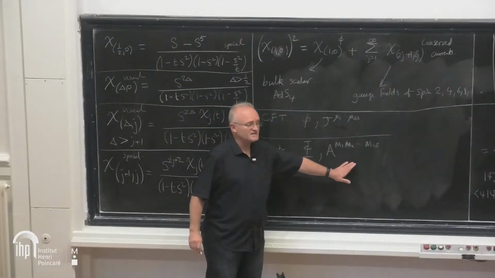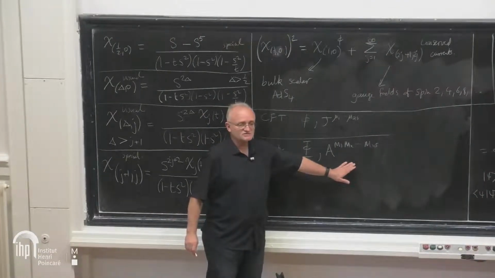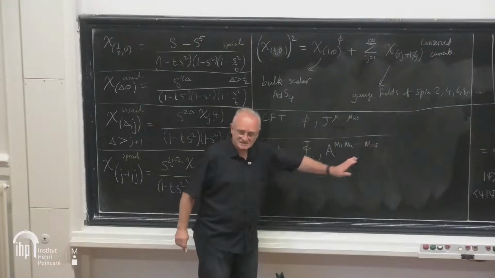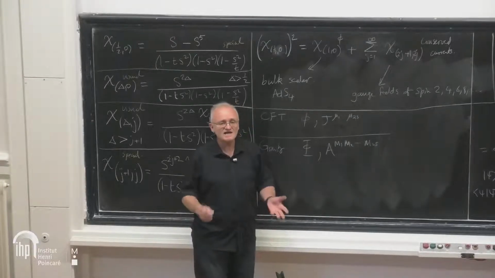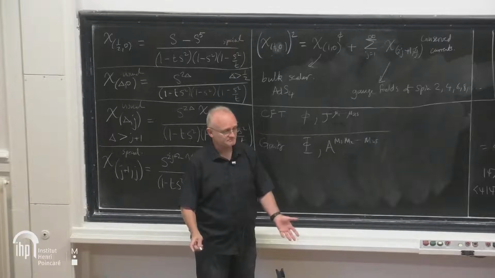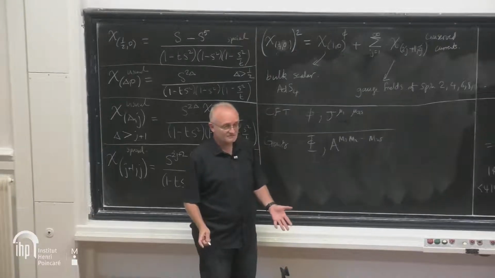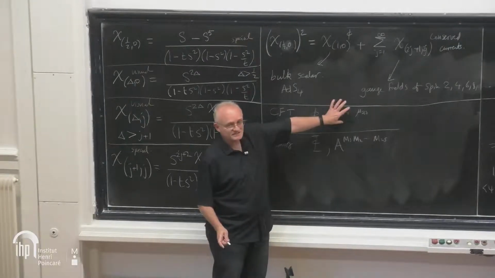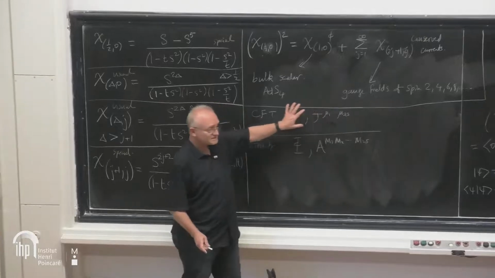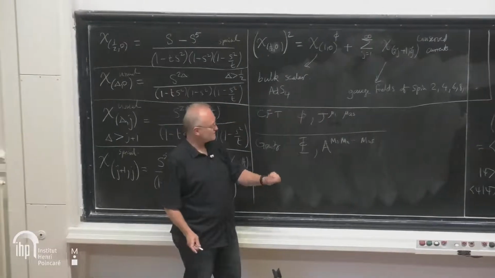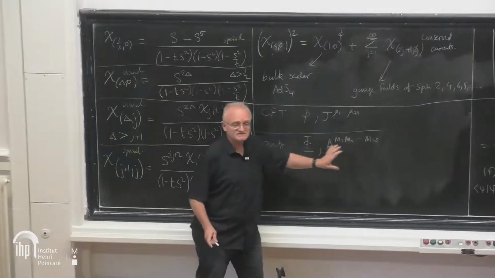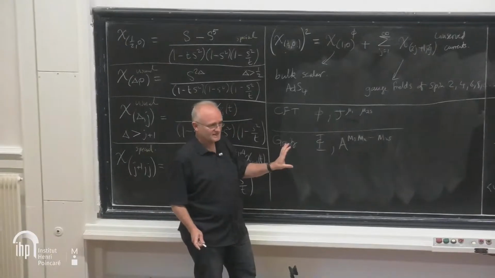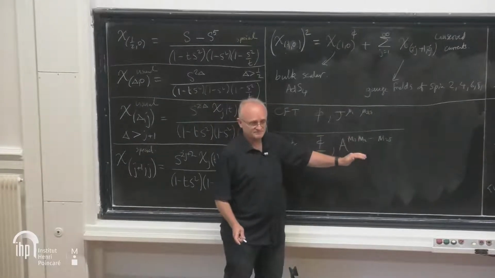I can solve the gauge constraint. I can take into account that this guy is traceless, this guy is symmetric, and I can count how many independent degrees of freedom. And what I will find is that the independent degrees of freedom in the CFT exactly match the number of independent and physical degrees of freedom in the gravity. And they do it spin for spin.